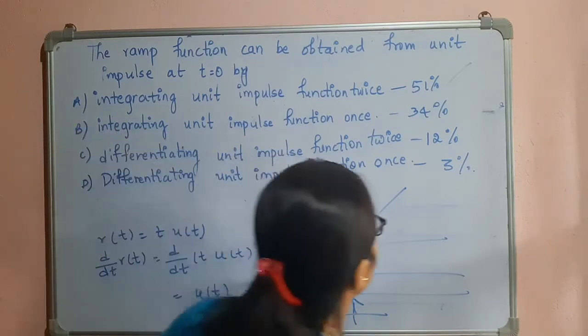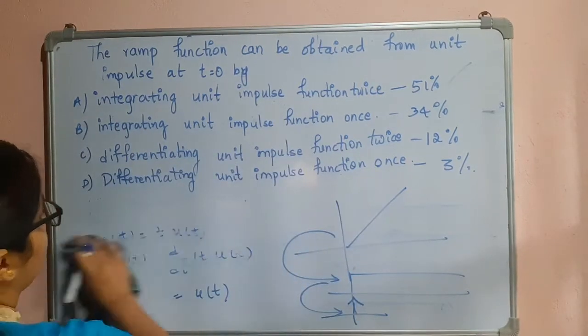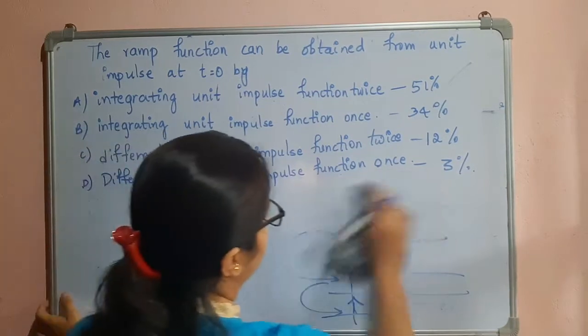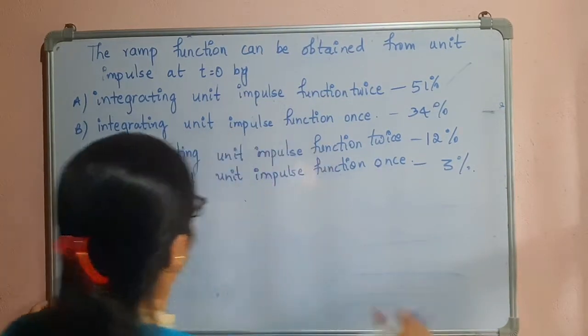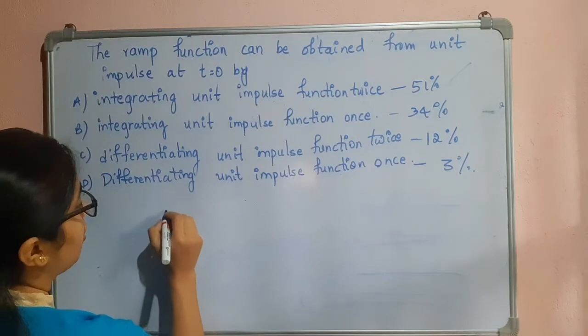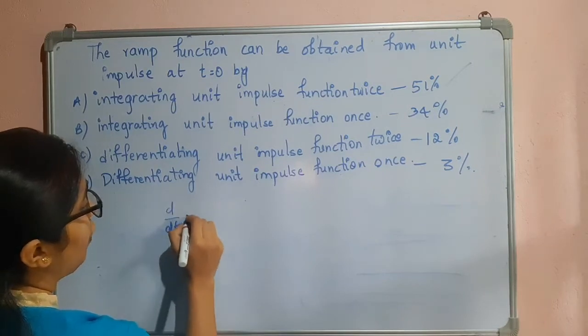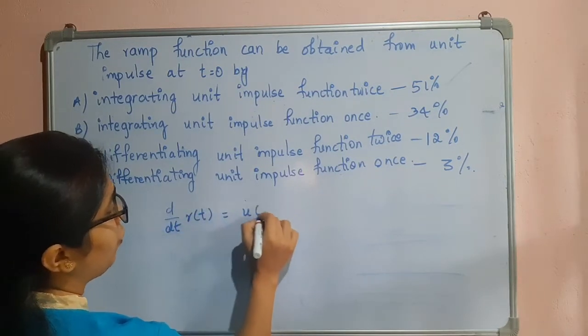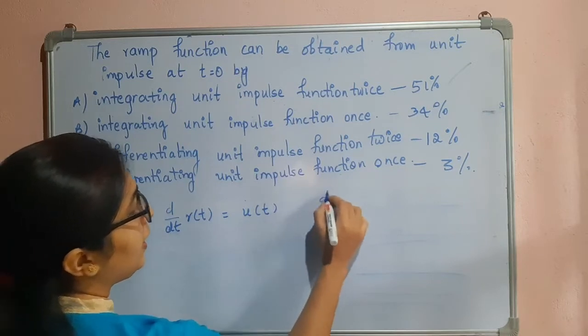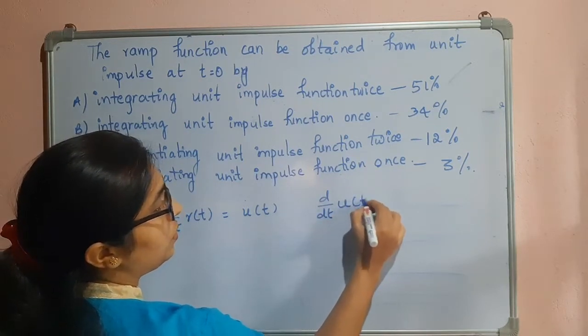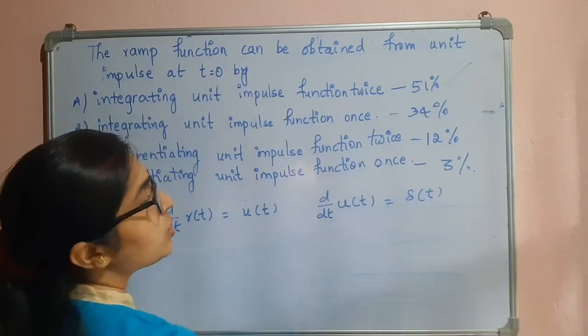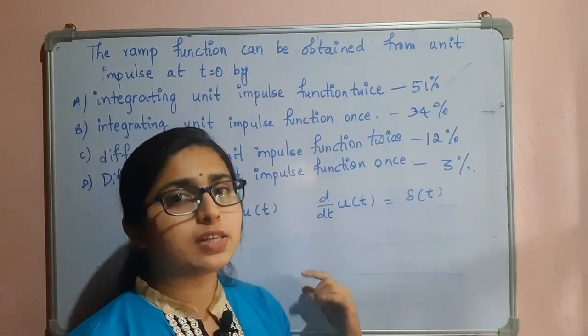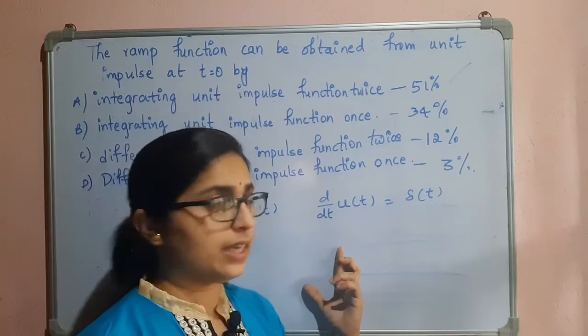So that means d by dt of r of t gives you u of t, and d by dt of u of t gives you delta of t. So if I do it the reverse way, the reverse of differentiation is integration.